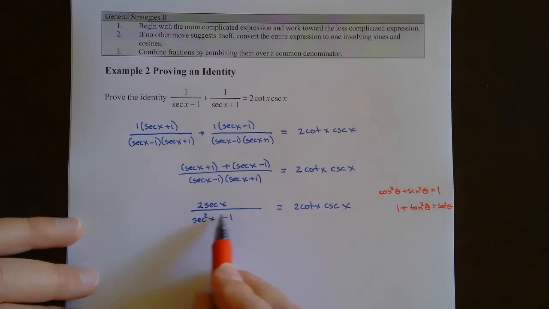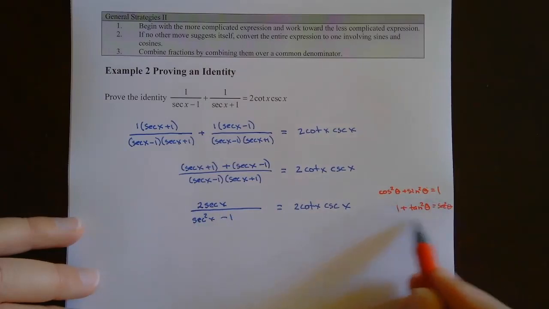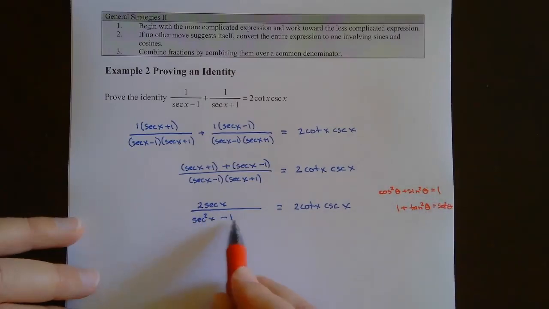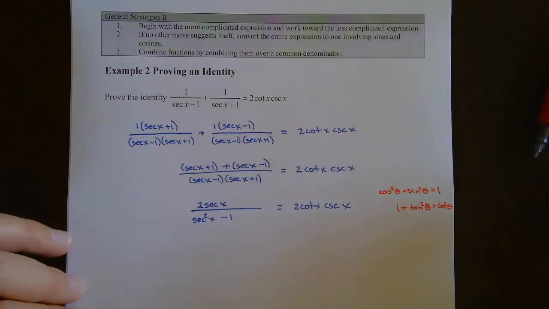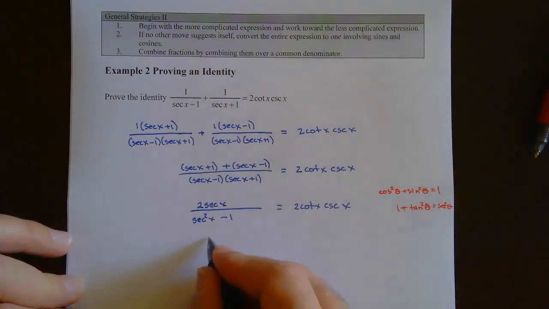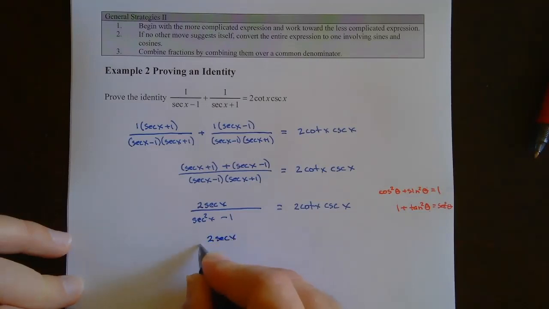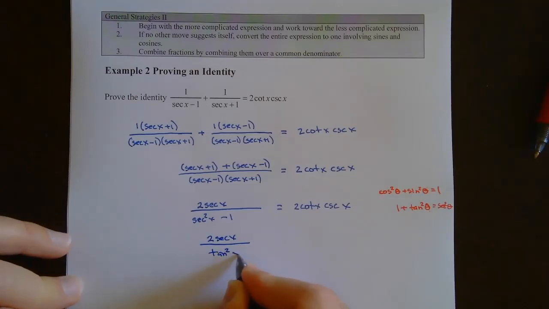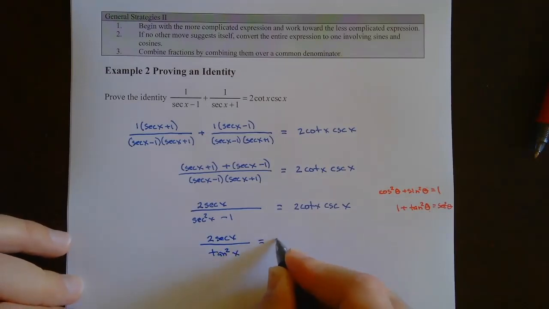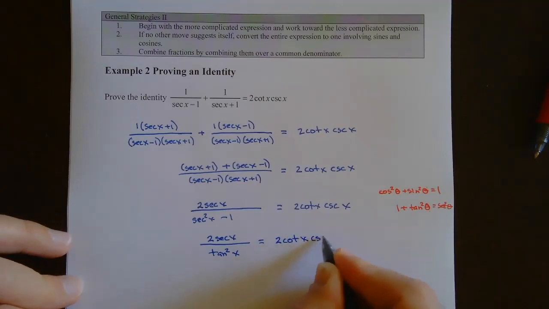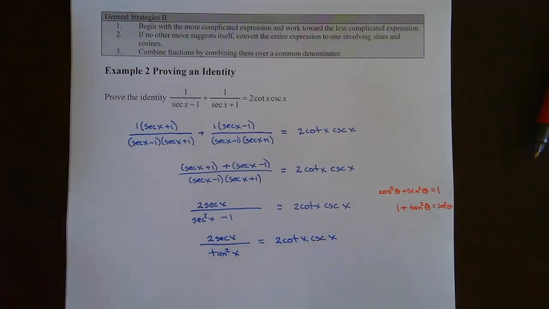Using this trig identity right here, this becomes tan squared theta, or tan squared x, okay? So this is 2 secant x over tan squared x, which is equal to 2 cotangent x cosecant x.